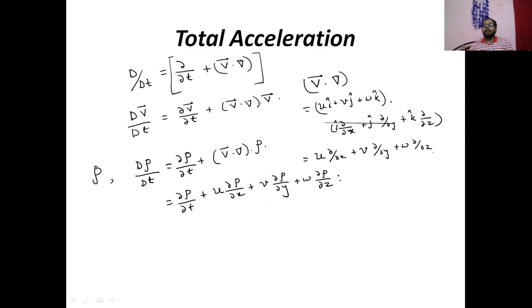So that is the way we get the total acceleration. The total derivative is the sum of the temporal component and the convective part. That's all. So here we stop. Next we'll continue regarding the imaginary lines concept.